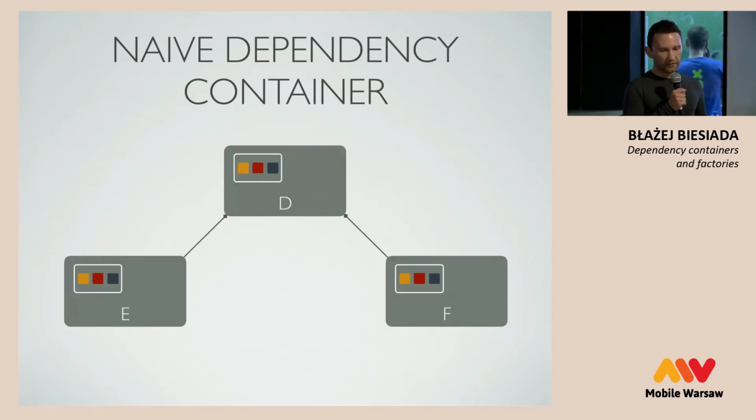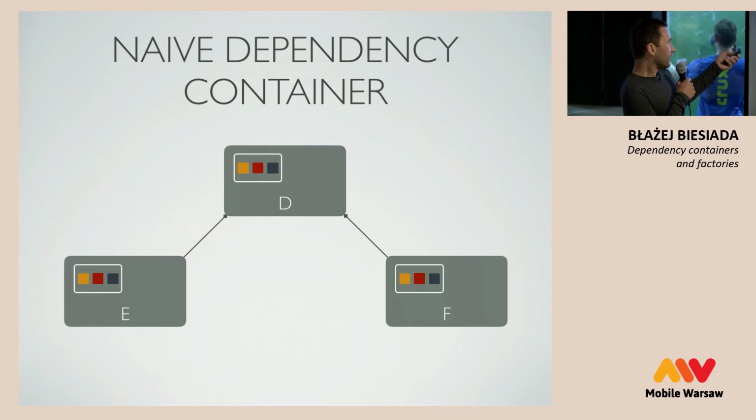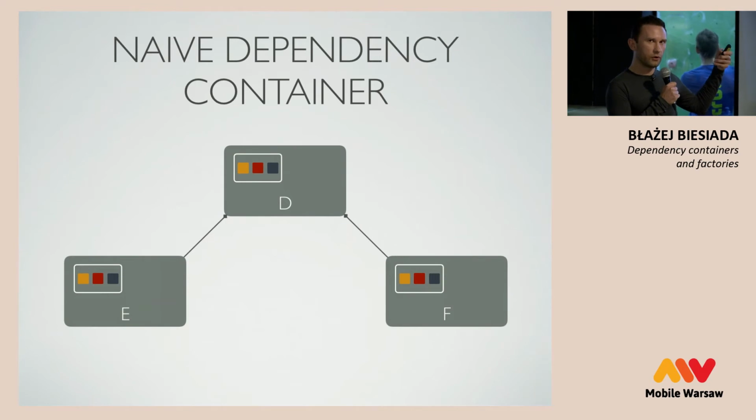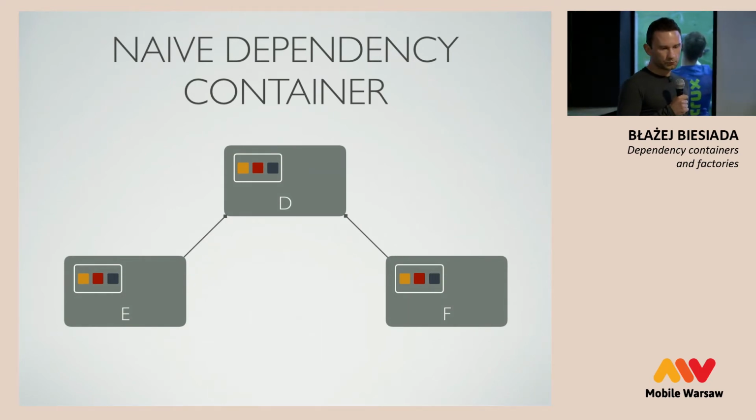The way it works is that all the objects in your application have access to this container, either statically through a method, or maybe it's just injected from one object to another, just forwarded down the hierarchy of the objects. I would say it's slightly better, but still not ideal.